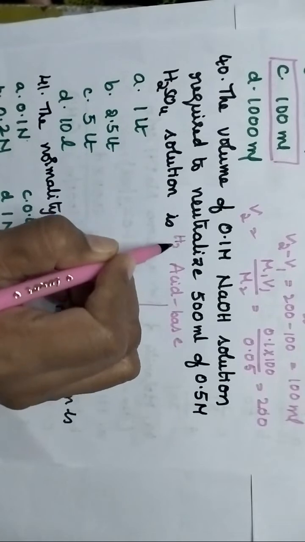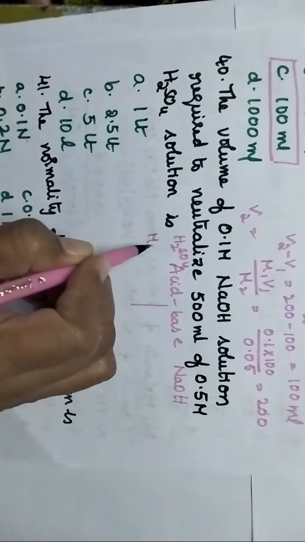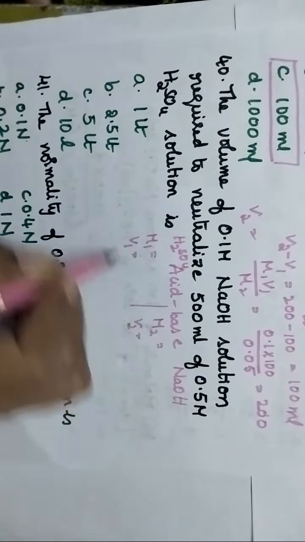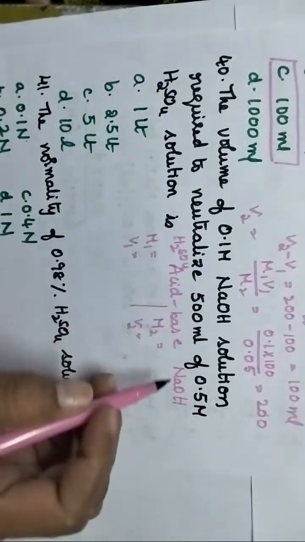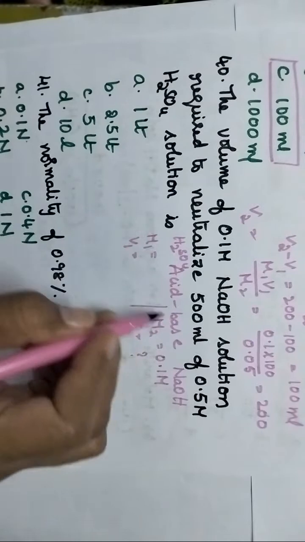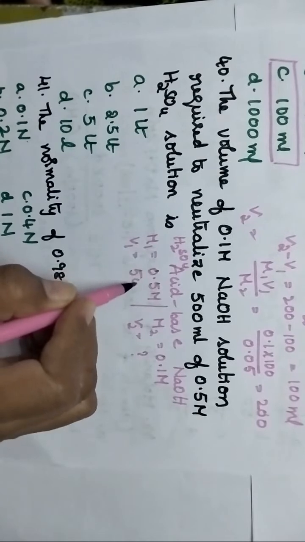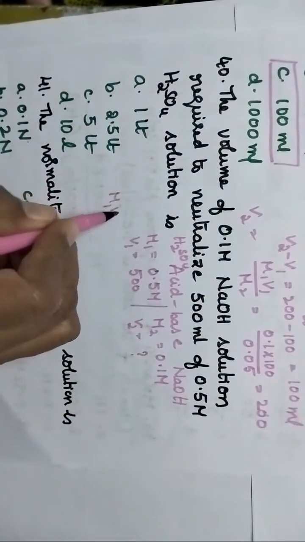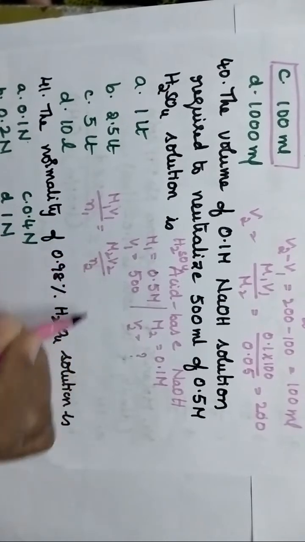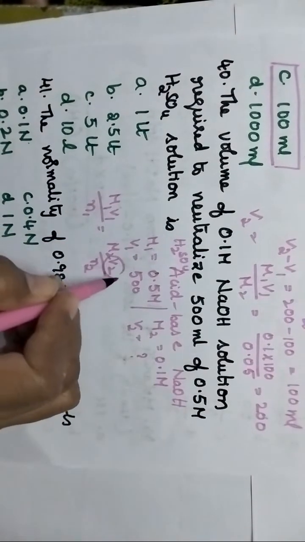Here the acid is sulfuric acid and the base is NaOH. So volume of NaOH you are supposed to calculate. The molarity of NaOH is 0.1. Molarity of acid is 0.5 molar. Volume is 500 ml. And here you have to use the expression M1 V1 by N1 equal to M2 V2 by N2.